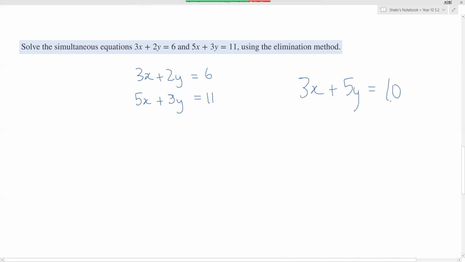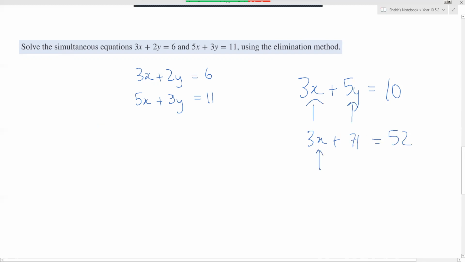There's no one solution. The only way to solve an equation is if you have one variable, one equation. So if you had 3x plus 71 is equal to 52, because you only have one letter, you can solve that. As soon as you have 2 variables or more, you can't. You need to use a trick of some sort.